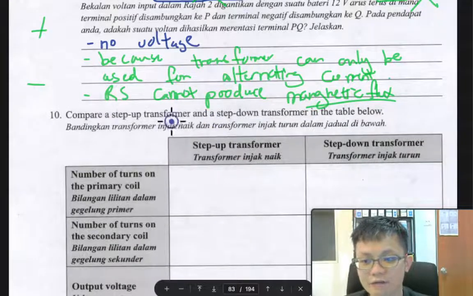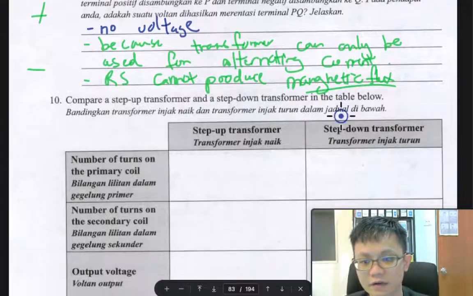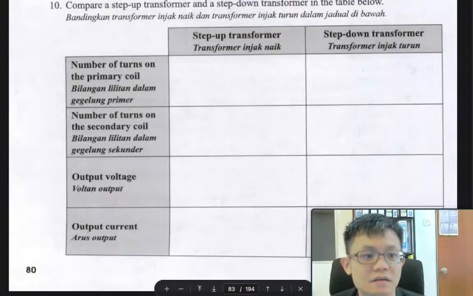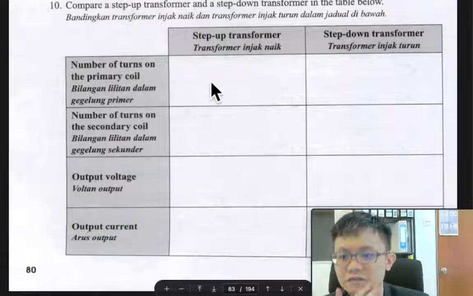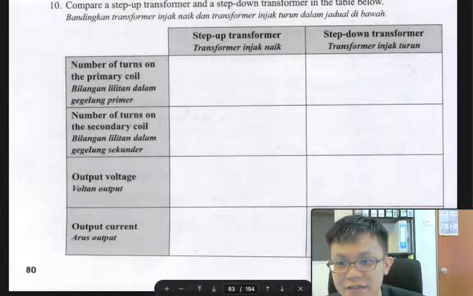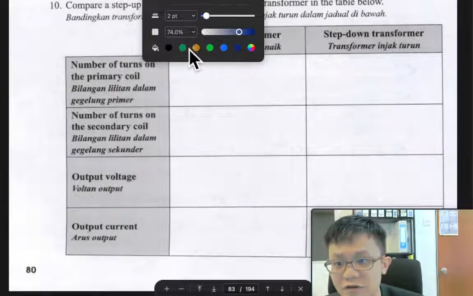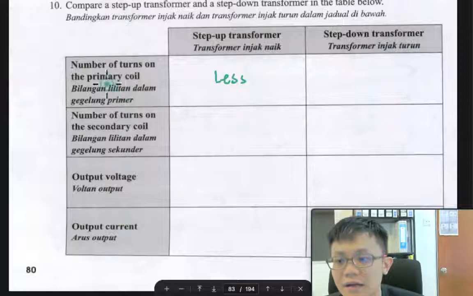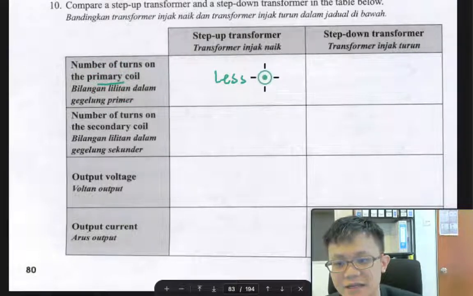Compare a step up transformer and a step down transformer in the below. So, okay, step up transformer, of course this will be less, but I just write short form. Less number of turns in primary coil, less than secondary coil.